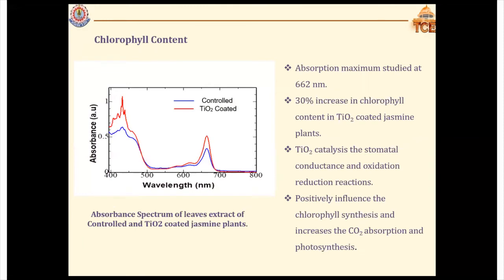Then physiological characters: chlorophyll content. The chlorophyll content is studied by absorption spectrum and reflection spectrum. It is found that the chlorophyll content is higher in titanium dioxide sprayed jasmine plants than the control. In the absorption spectrum, the absorption maximum is compared at 662 nanometers, and it is observed that chlorophyll content is increased by 30% in titanium dioxide treated plants.